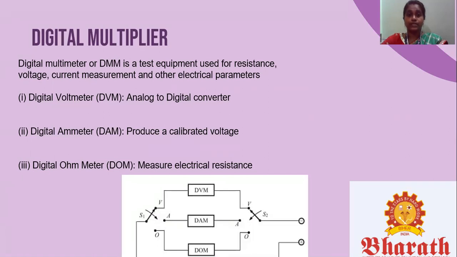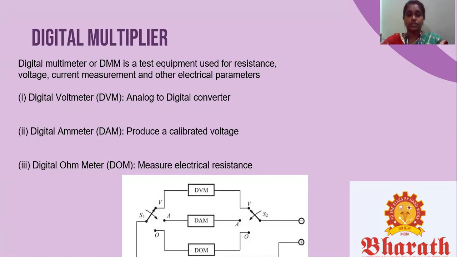It is a type of multimeter which functions digitally. In a digital multimeter, we can incorporate many types of meters like ohmmeter, ammeter, and voltmeter for measurement of electrical parameters.